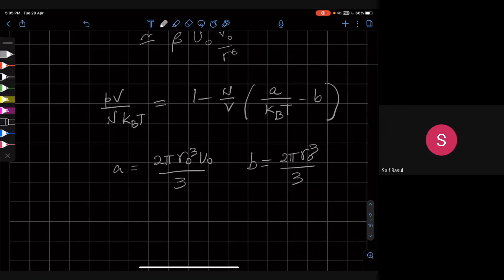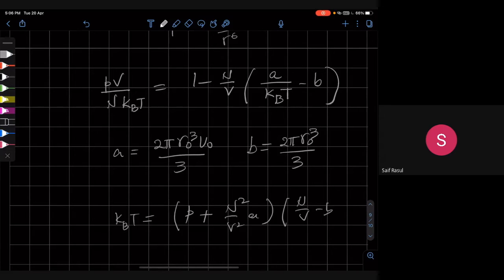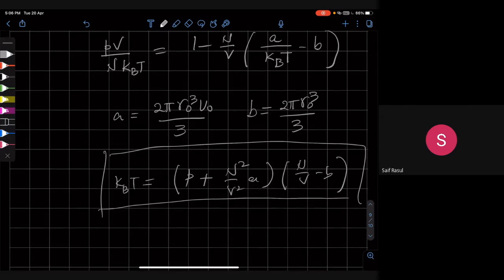And this gas law, just by doing a little bit of manipulation, if you just rewrite this such that kBT becomes P plus n squared by V squared A times N by V minus B. And this is the more familiar form of the gas law known as van der Waals gas law.